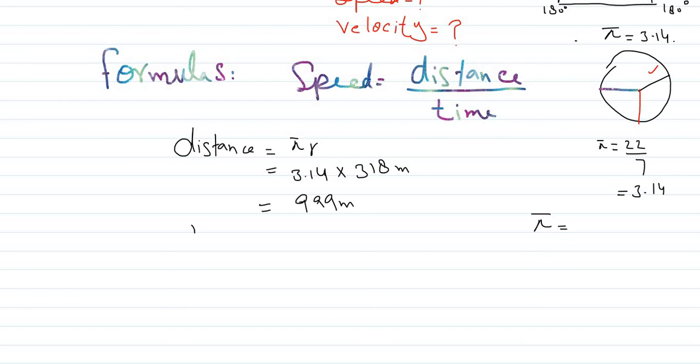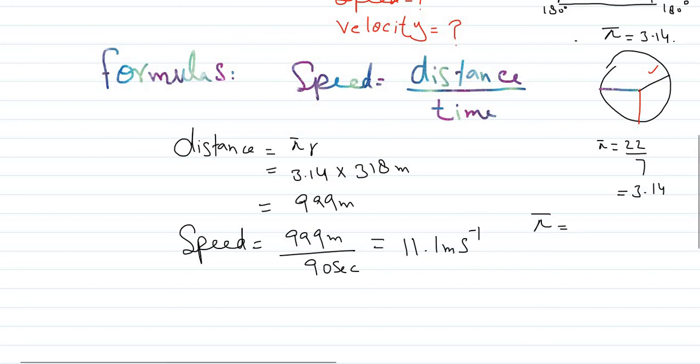So I write here speed is equal to the value of distance, 99 meters, divided by time. The value of time is the time that is given here, that is 90 seconds. When we divide we get 11.1 meters per second here.